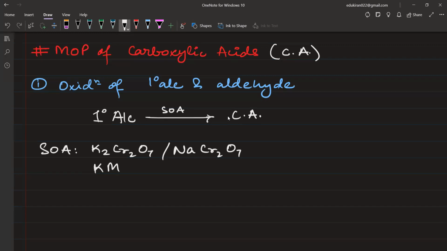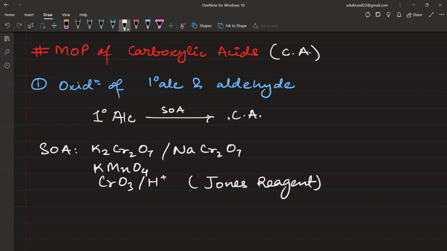You can also use KMnO4. And the last one, which is important, CrO3 in the presence of mineral acid, H2SO4 or something like that. This is known as Jones reagent. Please remember this. Mark this as important. You can be asked in a 1 mark question, what is Jones reagent? Jones reagent on 1 degree alcohol gives you carboxylic acid.